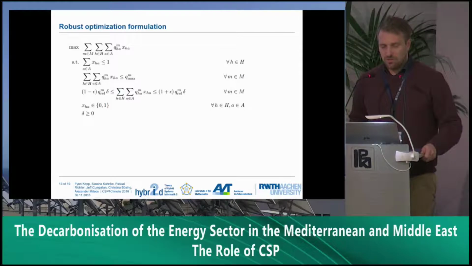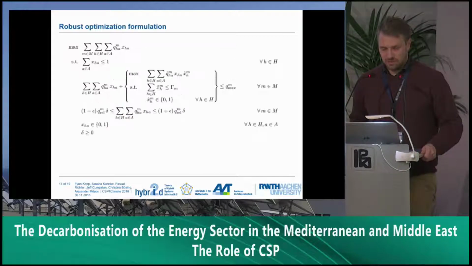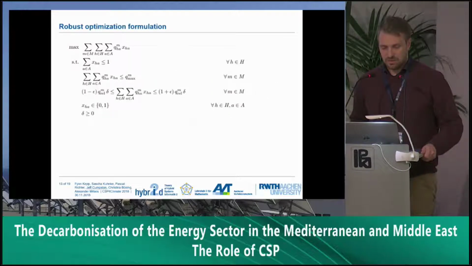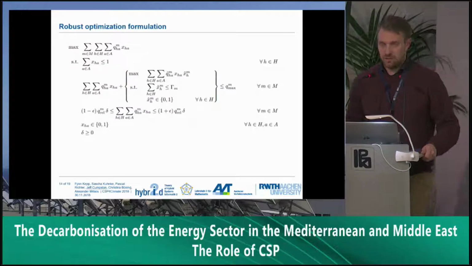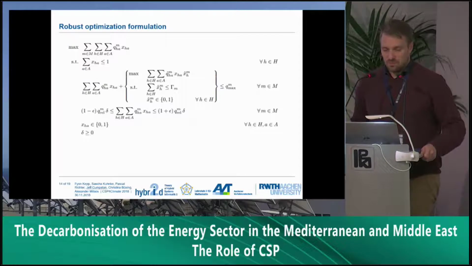So we take our formulation of our optimization that we had before, and we introduce a safety parameter here, where we wanted to keep under our maximum flux distribution, an extra parameter. So just watching that again, we have our new term here, which is actually the result of a nested optimization.